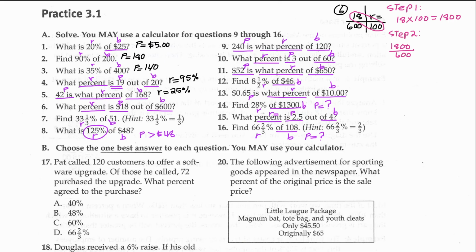Let's cancel out the zeros here. So I have 18 over 6. That means 18 divided by 6, that's 3 times. So 3 is the rate. That means it's 3%. And you may put R equals 3%.